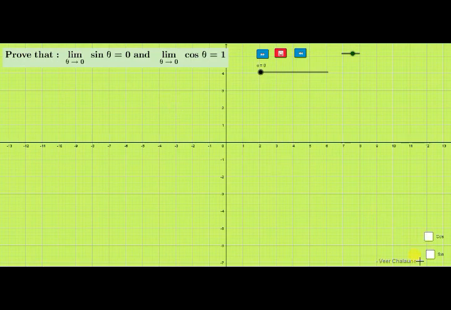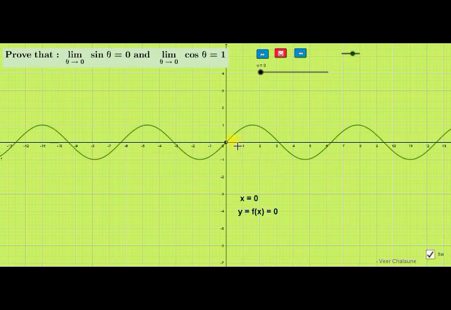According to the sine function, this line represents the sine function. If x approaches 0, meaning very near, this obviously gives us 0 from the LHS or the RHS, both sides.